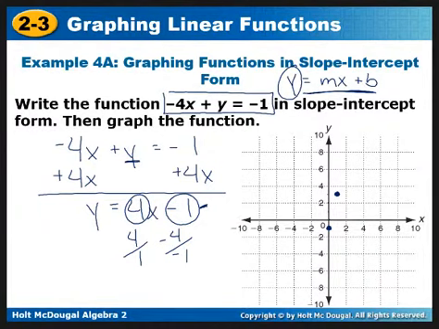So in this case, I'm going to go the opposite direction, and I'm also going to go down 1, 2, 3, 4, and go to the left, or a negative direction, 1 unit to arrive at my third point. This gives us a pretty good idea of where my graph is going to go. So I go ahead and draw my lines in, and after a fairly simple process, we're able to tell what that graph is going to look like.